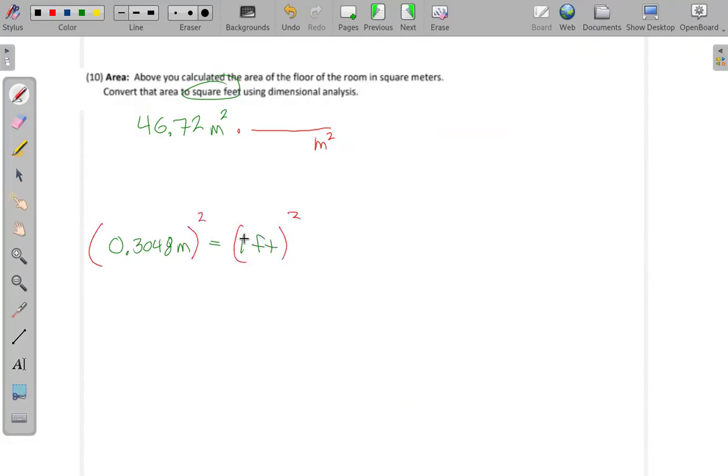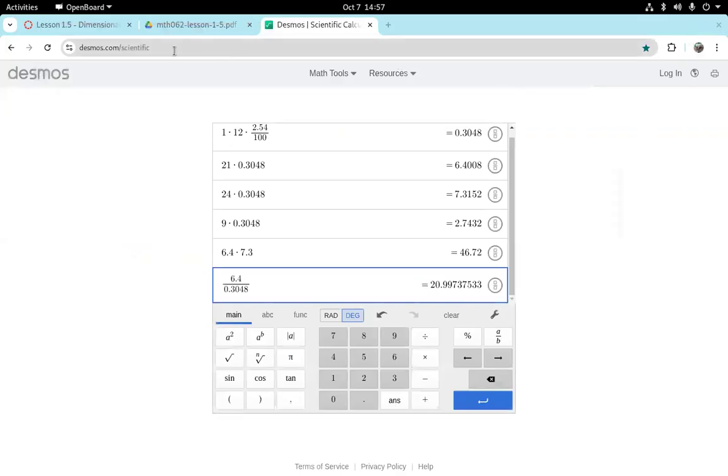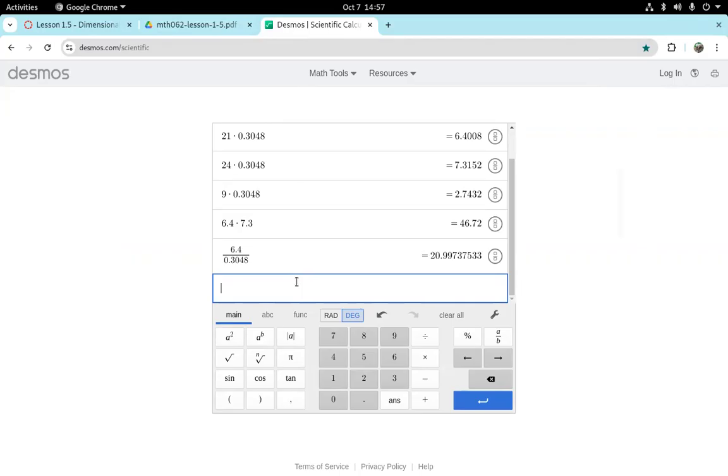So if I do that, 1 times 1 is 1, right? 1 squared means 1 times 1, and feet squared is just feet squared. Here, I would have to figure out what is 0.3048 squared, and that's going to give me meters squared, so I just need a calculator to figure that out. And then I have a new conversion factor. So calculator, what happens if I take 0.3048 and raise it to the second power?